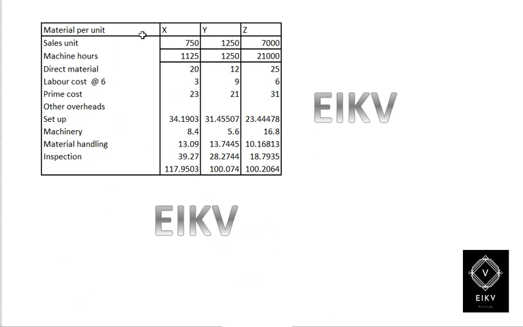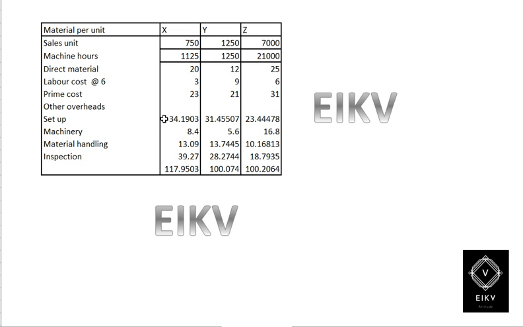Now, a statement showing computation of cost as per the given details. Sales units, as always discussed, 750, 1250 and 7,000. Machine hours 1125, 1250 and 21,000. Direct material 2, 12, 25. Labor 3, 9, 6. Now we have prime cost, which is material plus labor, that is 5, 21 and 31.